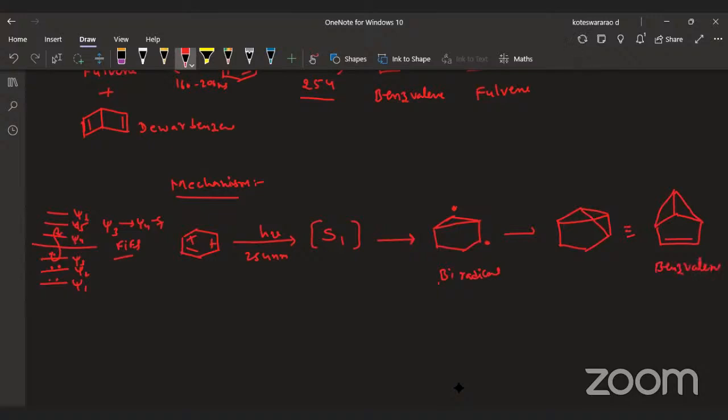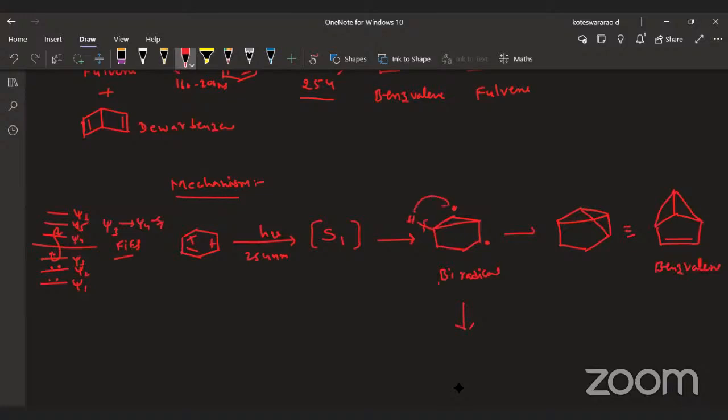Now, how is fulvene generated? The fulvene generation is a somewhat simple arrangement. Here the hydrogen is there.